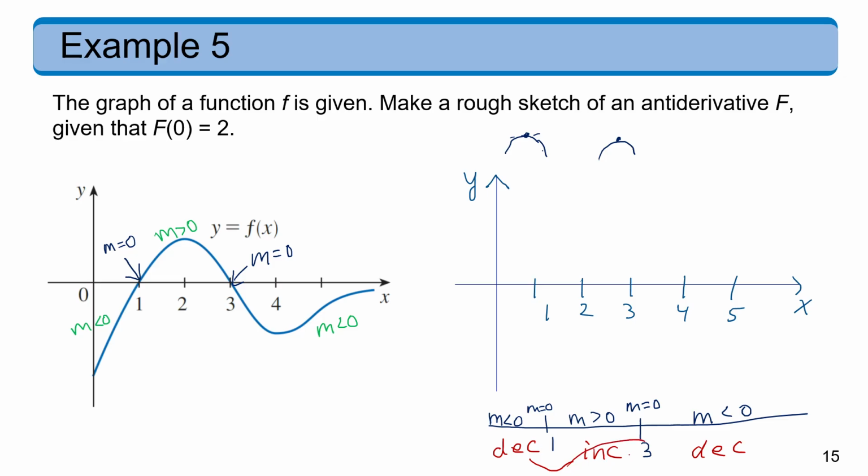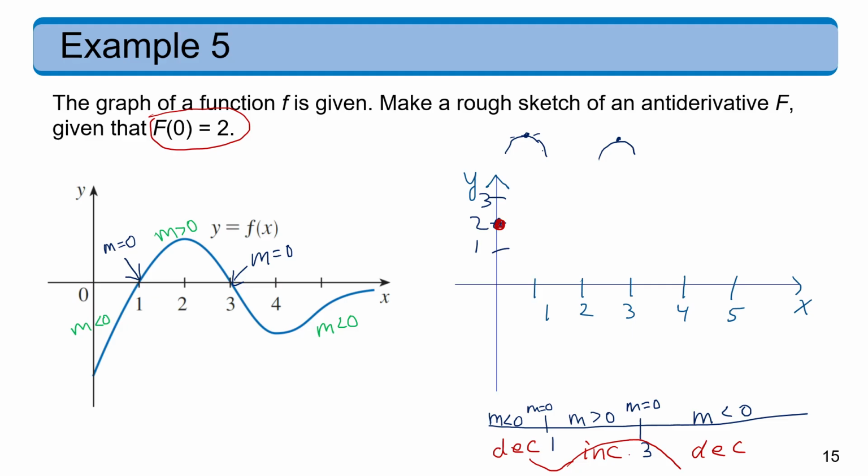When we get to 3, it starts decreasing. Now there's one other piece of information we need to include. F of 0 equals 2, so I might want to label some points on my axes here. Okay, so we have the point right here. We know our graph passes through that point.